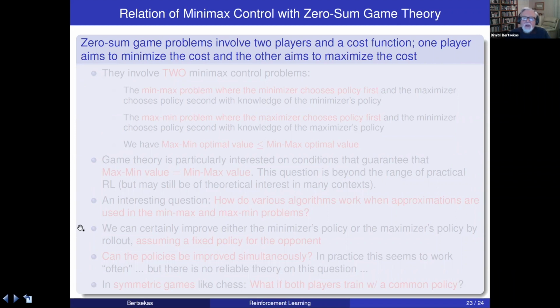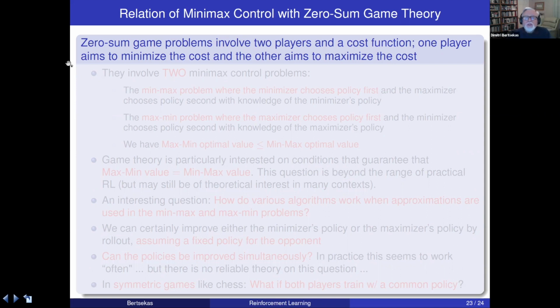Non-zero-sum games cannot be dealt with by dynamic programming, except in the case of a team theory problem, where all the cost functions of the agents are the same. However, zero-sum games involve two directly opposing adversaries, and they are related to dynamic programming because they are related to minimax problems.